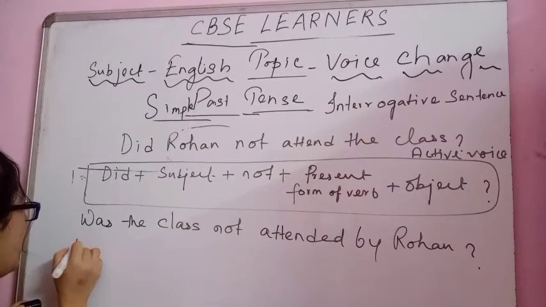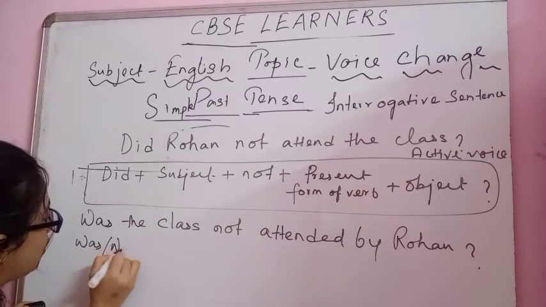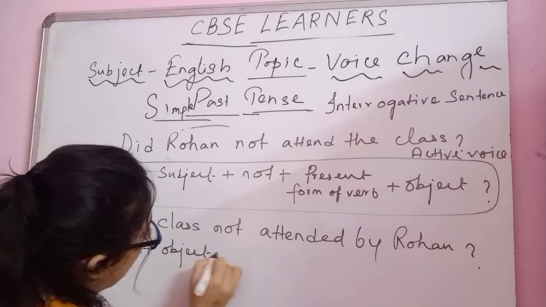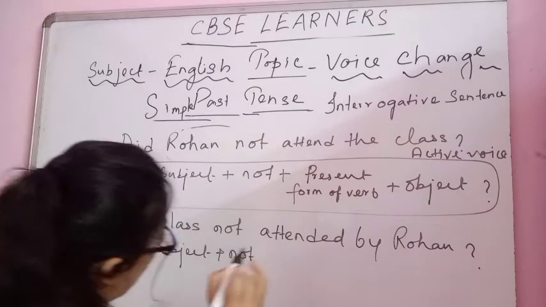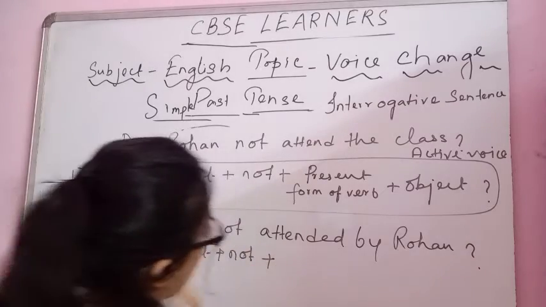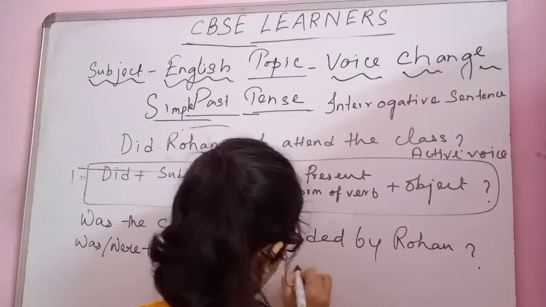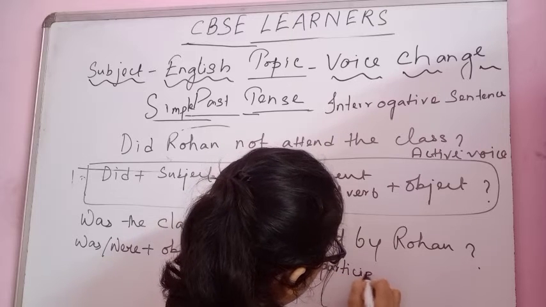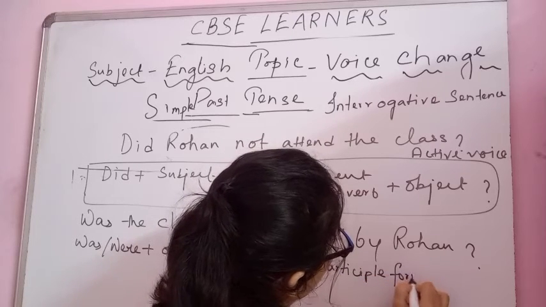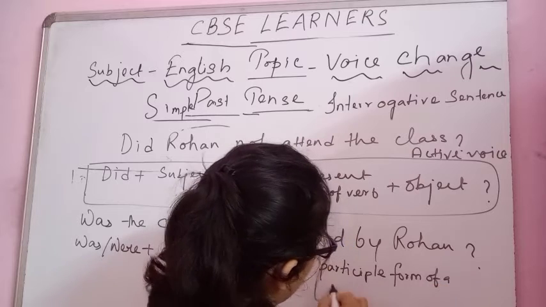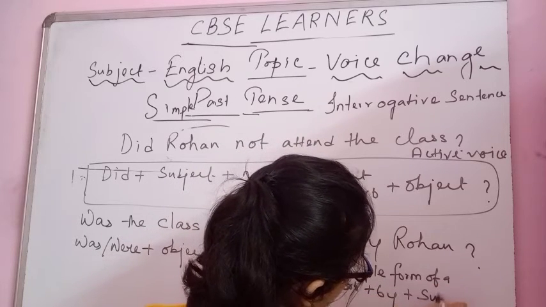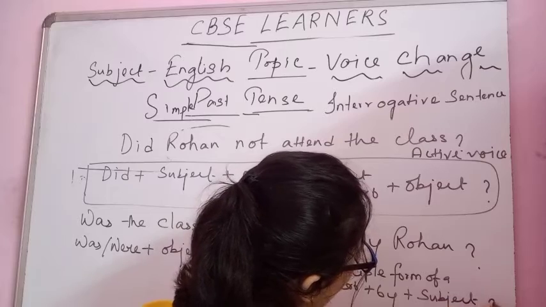So in this case, we'll be using was or were to construct the formula plus object plus not plus past participle form of verb plus by plus subject with a question mark.